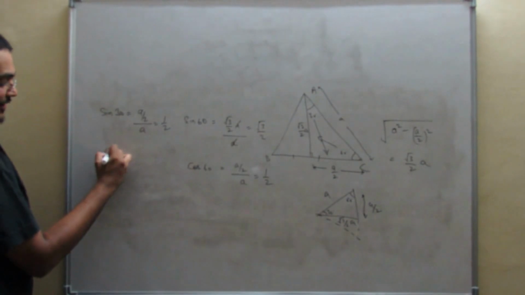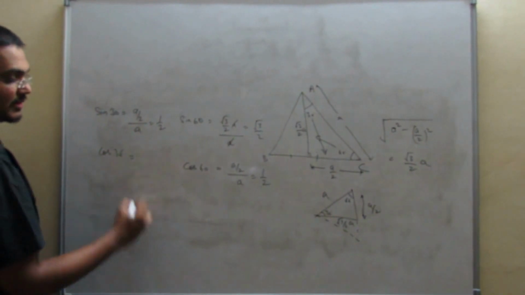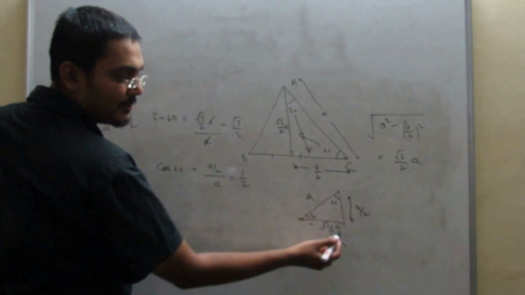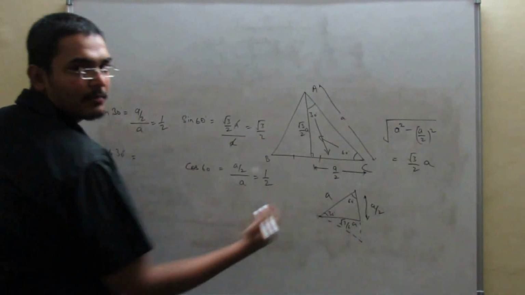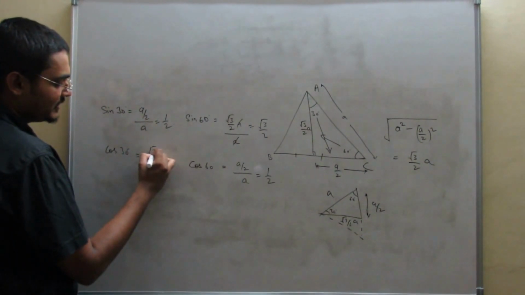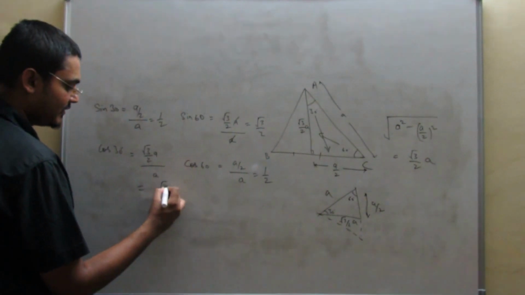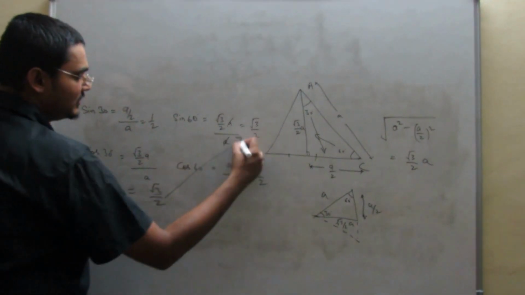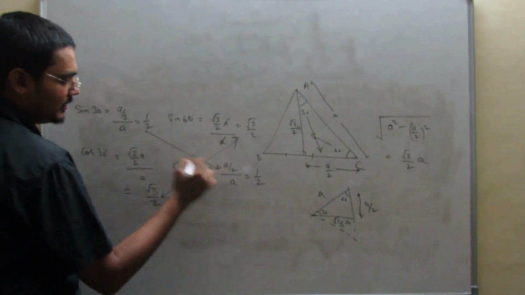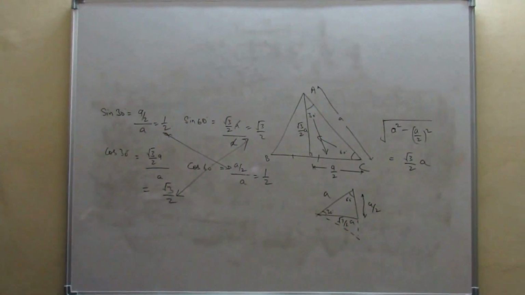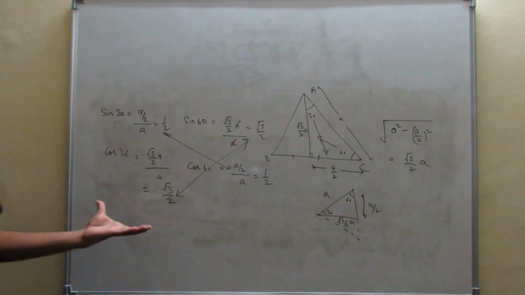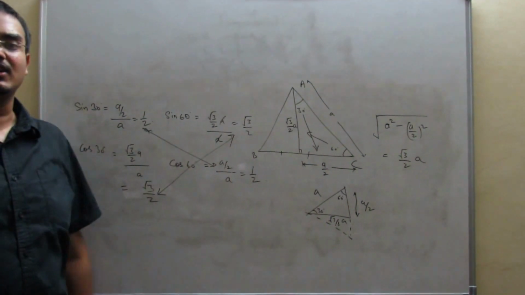Similarly, if you calculate cos 30, cos 30 would mean base upon hypotenuse, root 3 by 2a upon a, you get root 3 by 2. So you can check these value and this value, it's equal, and these two values are also equal. So this is what we see in basic trigonometric ratios.